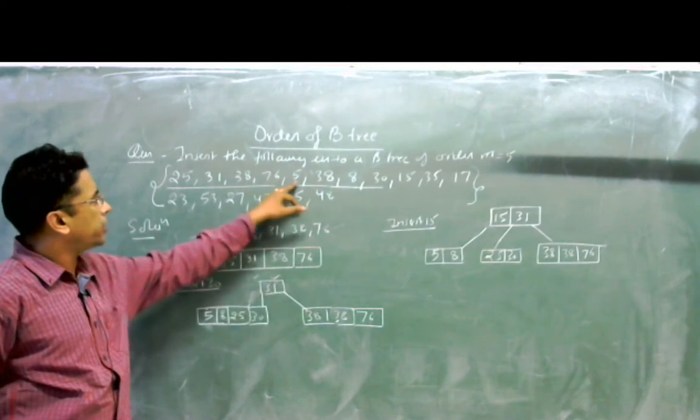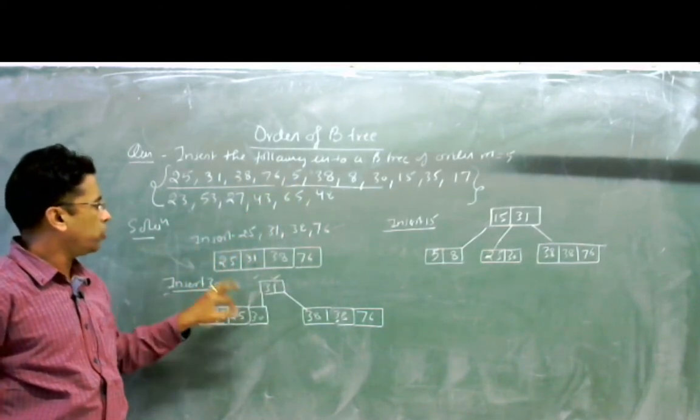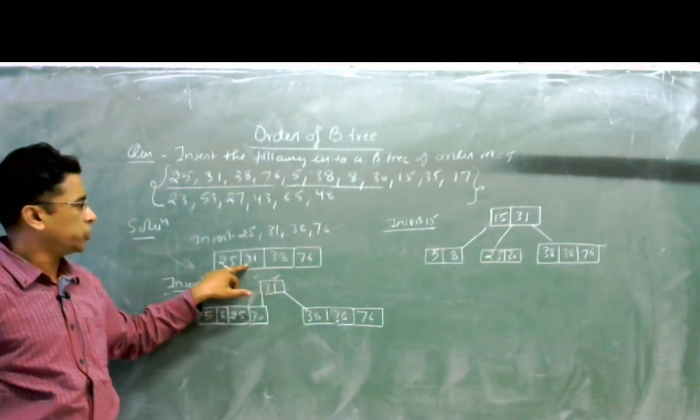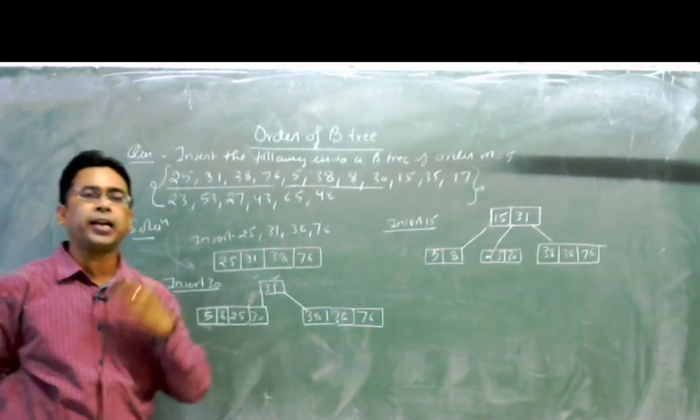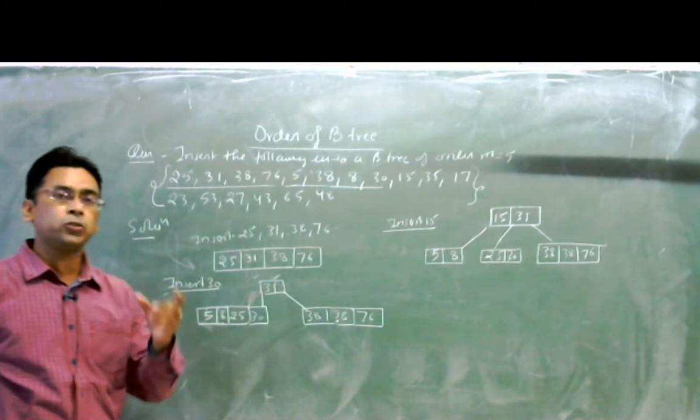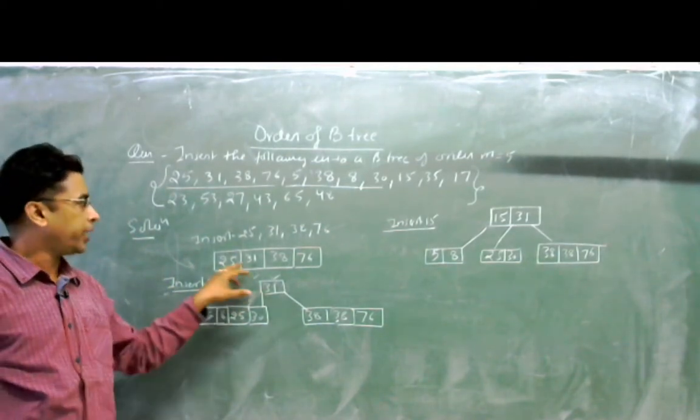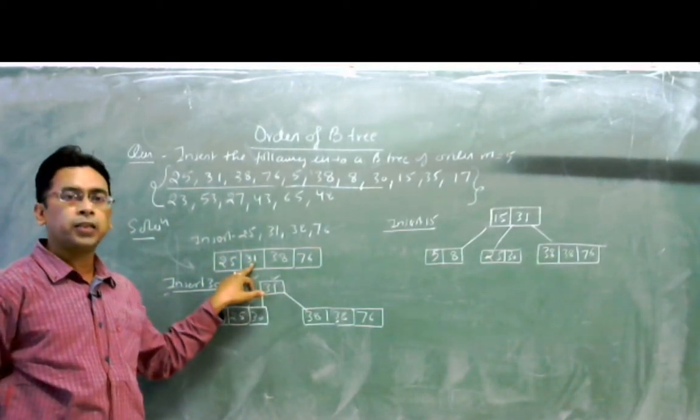When we were inserting the fifth node, this node 31 was at the third position, and if we assume that the packet is holding 5 key elements, then 31 was at the third position.